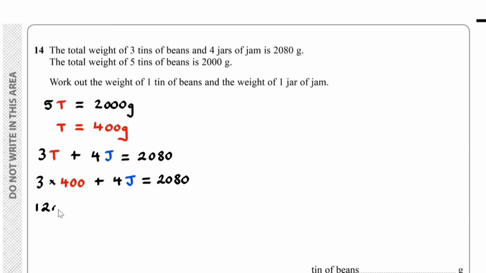So I've got 1200 plus 4 jars equals 2080.